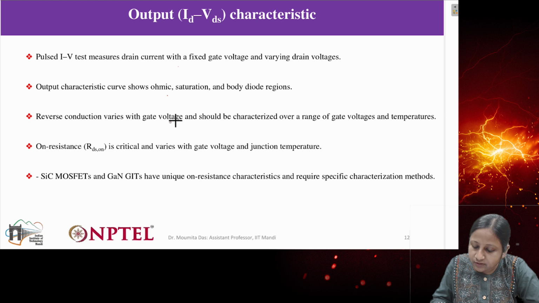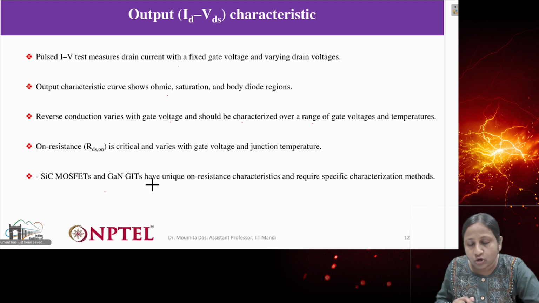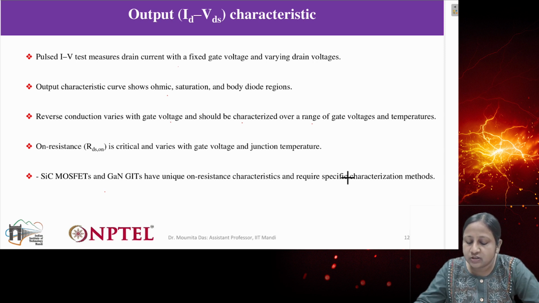Reverse conduction varies with the gate voltage, so it should be characterized over a range of gate voltages and temperatures. On-state resistance we can also measure from this characteristic. Silicon carbide MOSFETs and GaN have unique on-state characteristics and require specific characterization methods. These are the different things we can achieve with this characteristic.